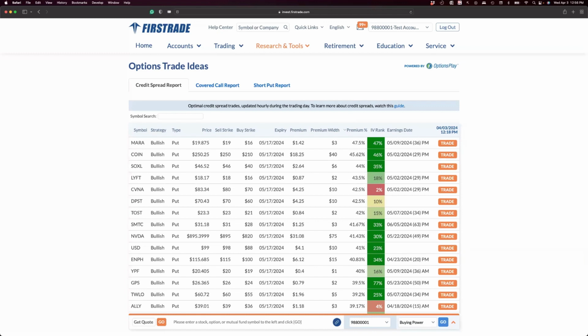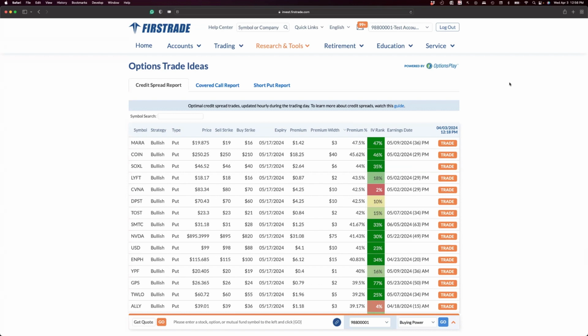Because if you get assigned, you need to have the cash to own 100 shares or short 100 shares. And that's going to suck buying power from your account. If you have the cash, fine, and if you don't have the cash, you're going to get liquidated. So it's just not a nice experience for anyone. So that's why we have that 21 days to expiration. That's going to avoid assignment risk, and you're just not going to find yourself in that position.